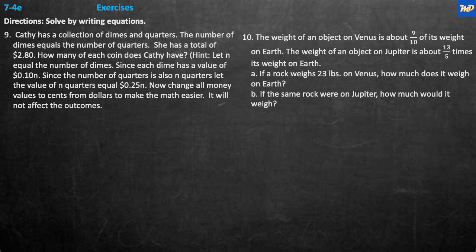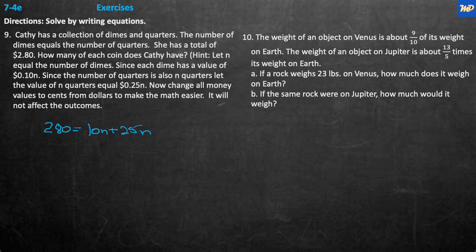So $2.80, which is 280, is equal to the 10N for the dimes plus the 25N for the quarters. N dimes and N quarters, because we know they're equal, total 280.